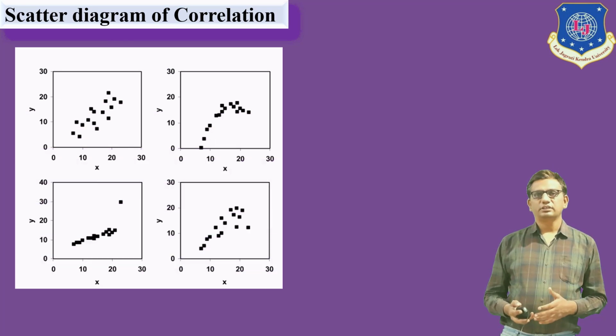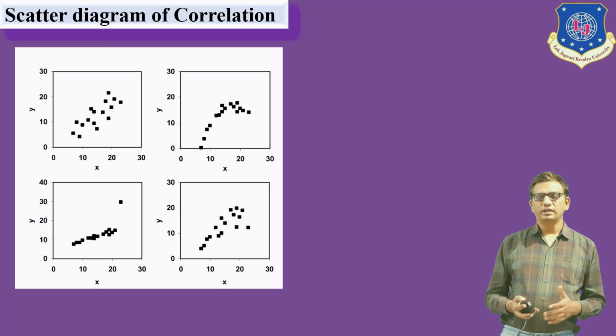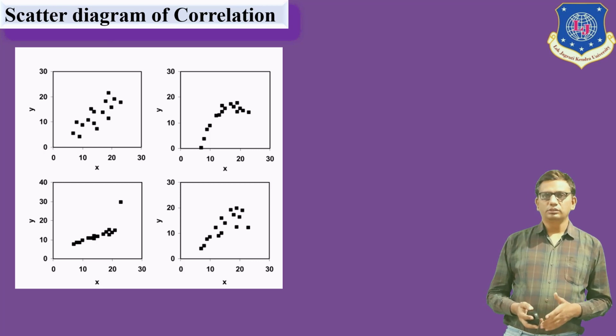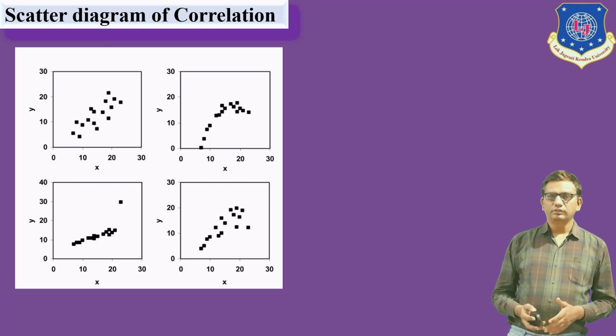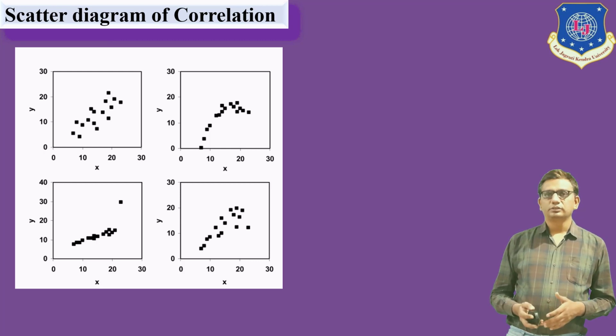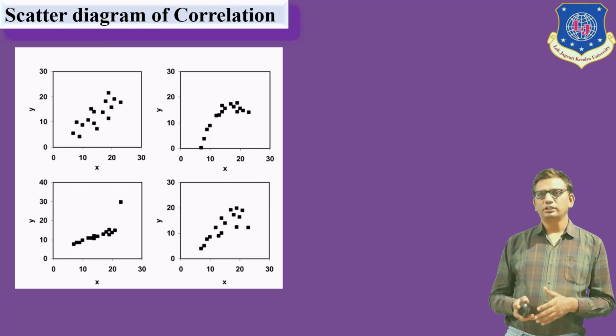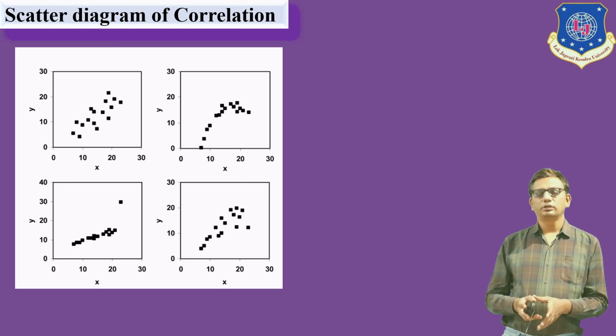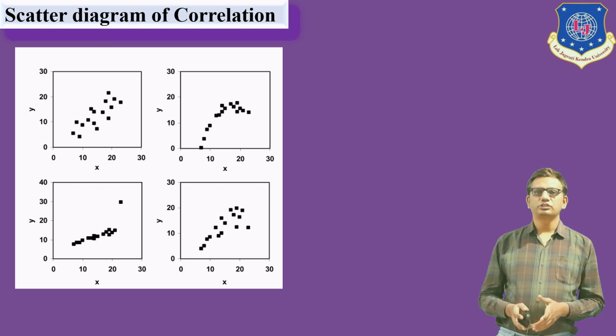In the first figure there is not too much relation between the given data, but in the second figure it is very positively correlated, and in the third one the data is negatively correlated, and in the fourth one the data is not too much correlated, very near to zero.